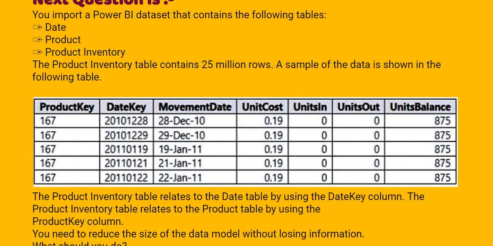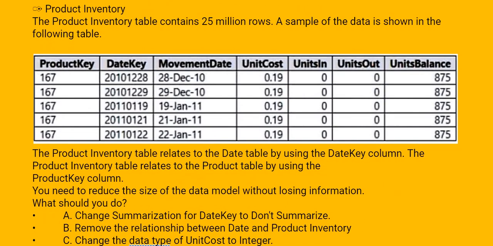The product inventory table relates to the date table by using the date key column. The product inventory table relates to the product table by using the product key column. You need to reduce the size of the data model without losing information. What should you do?